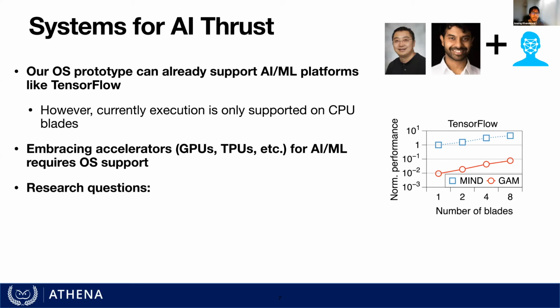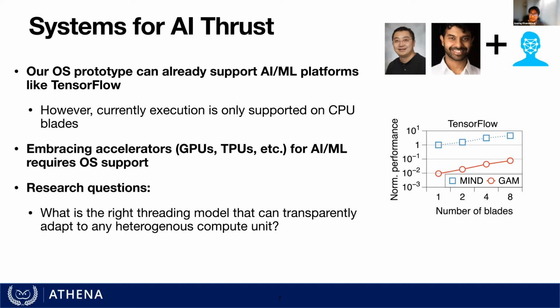And so there are very interesting research questions to be answered in this space so that we can support accelerators efficiently, including what is the right threading model that can transparently adapt to any heterogeneous compute unit. So for instance, you could write a program for your CPUs and tomorrow I could just deploy it on your GPUs or TPUs based on whatever is the most optimal for that particular workload.